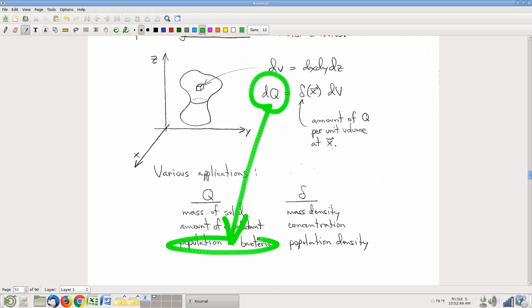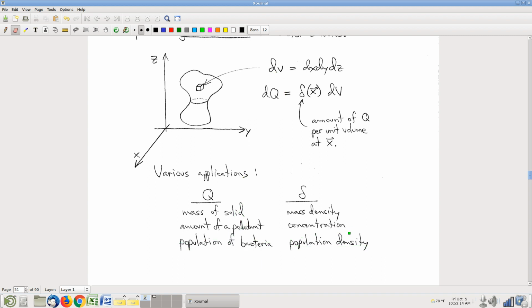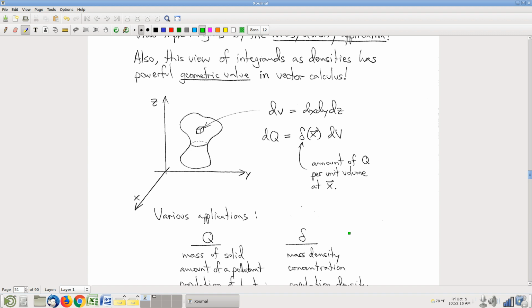If you have some sort of bacteria or microbes or what have you that are floating around in an aquarium, let's say, in the water, and you want to talk about the population density of bacteria. Well, population density means number of bacteria per unit volume, so maybe per cubic centimeter or whatever inside that aquarium.